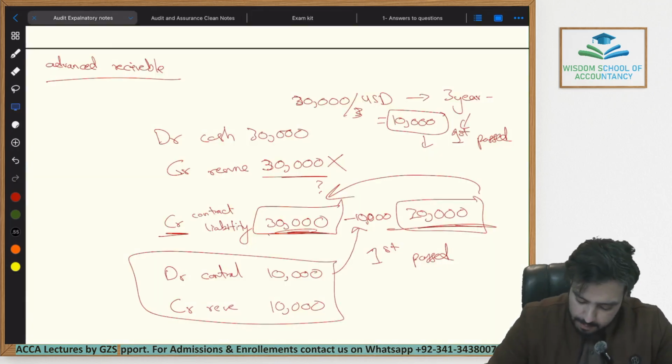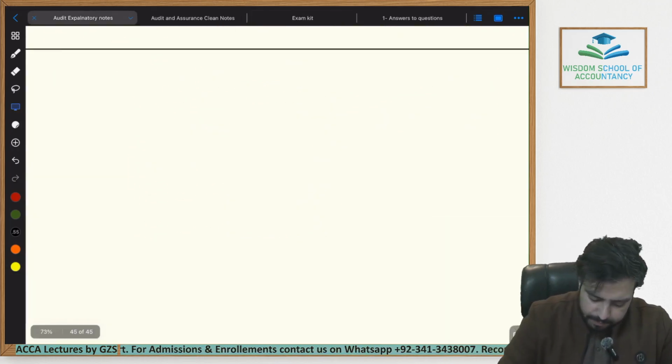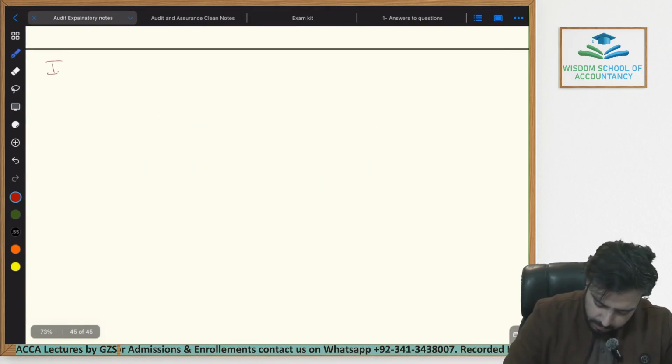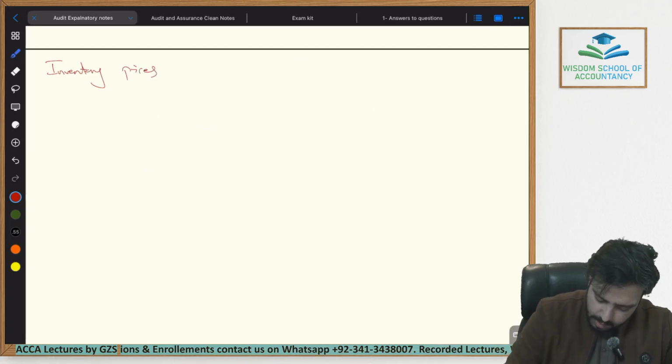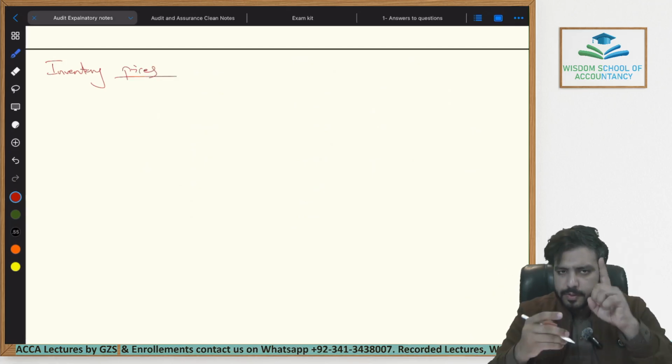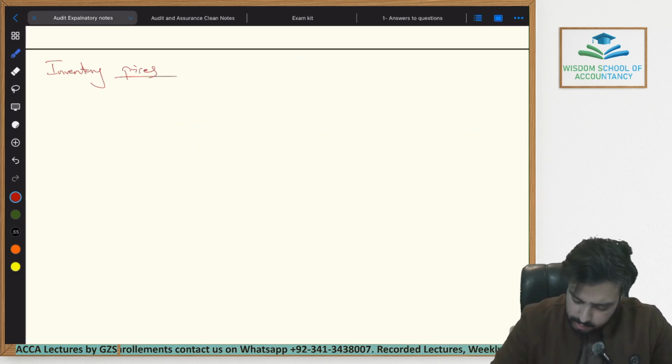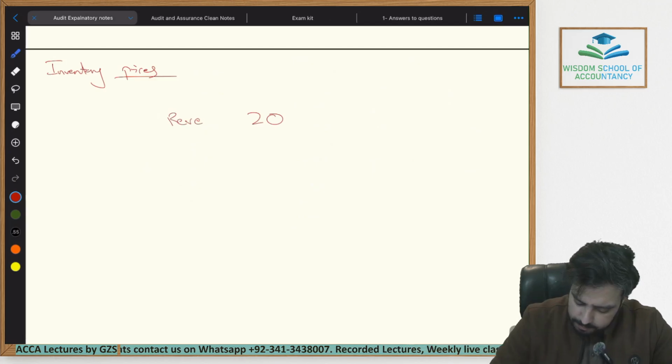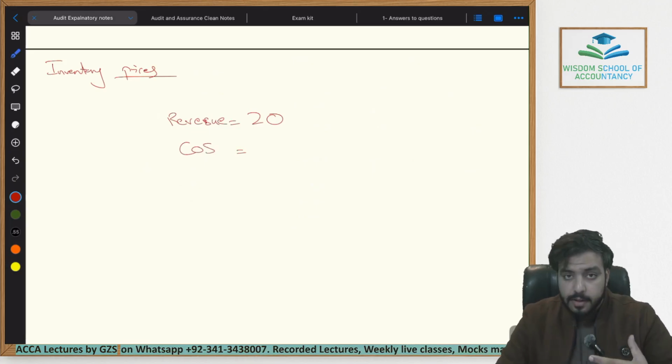Let me give you an example for this. Let's suppose inventory prices. Let's make a financial statement for just one product, one item that you sell. You sell something for $20. This was the revenue, the sale price. And when we come towards cost of sales, you purchased it for $10.